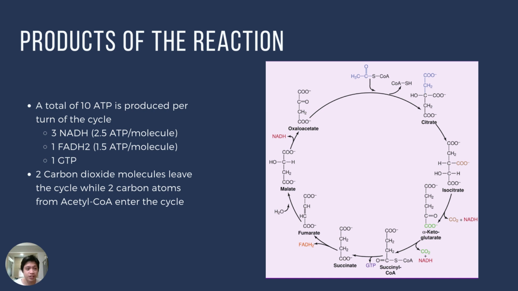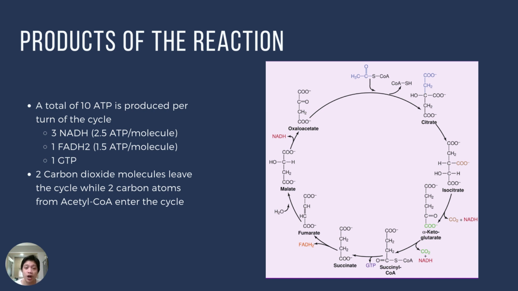This value of 10 is derived from the production of 3 NADH molecules, which if oxidized in the electron transport chain, will each liberate 2.5 ATPs, 1 molecule of FADH2, which at the electron transport chain will produce 1.5 molecules of ATP, and 1 molecule of GTP or ATP. And that will have a total of 10 molecules of ATP.